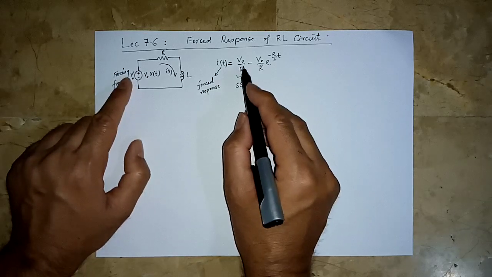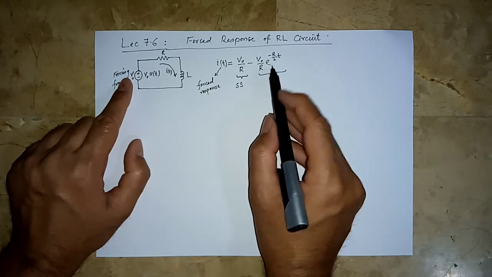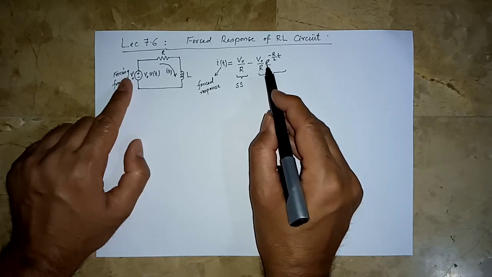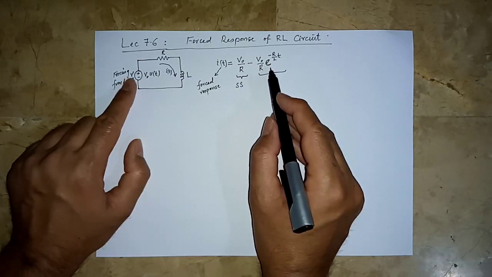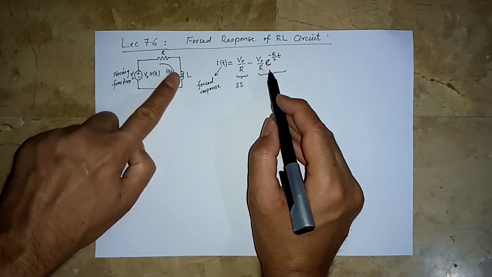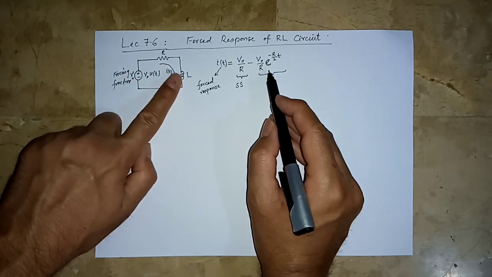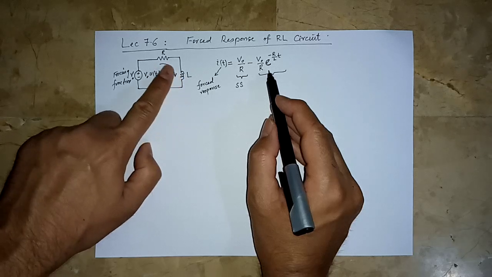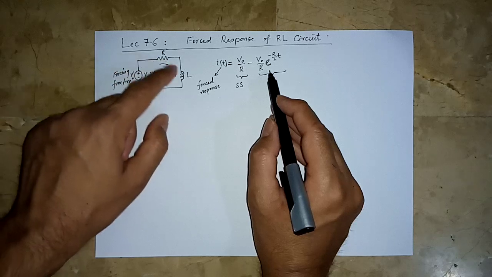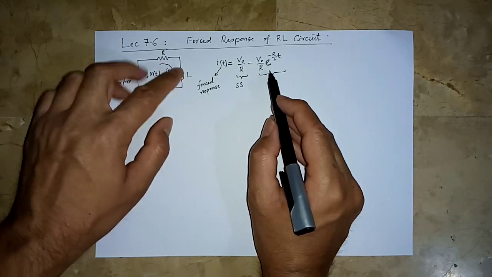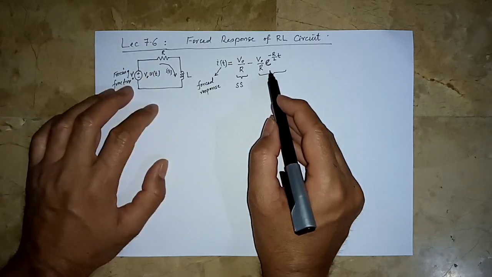This is constant, and this part is a decaying exponential, and we have seen such a term when we were solving for the natural response of the RL circuit, where there was no voltage source and the inductor already had energy in it, and we saw how the energy was released, how R and L in series basically behave whenever they are connected in a circuit.